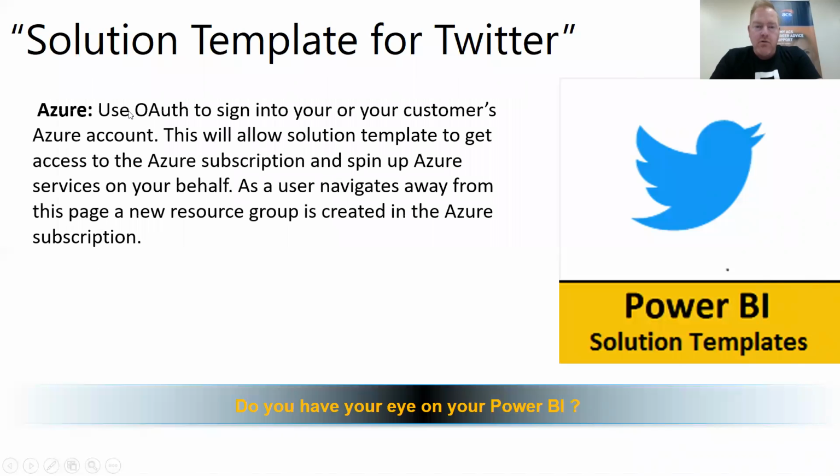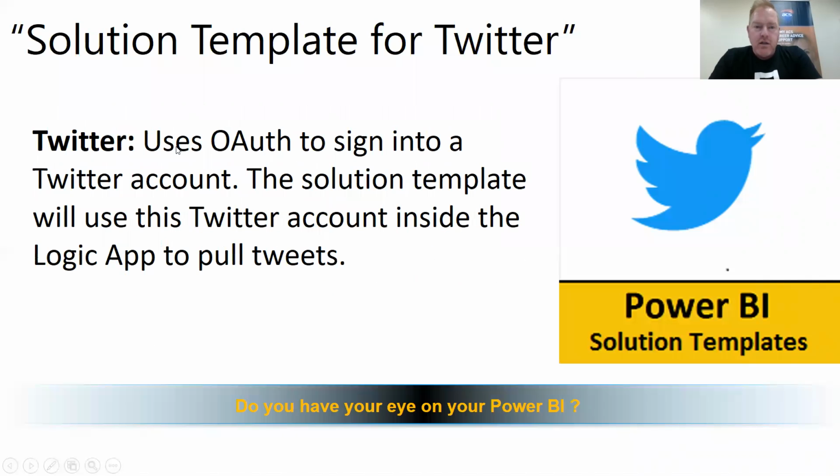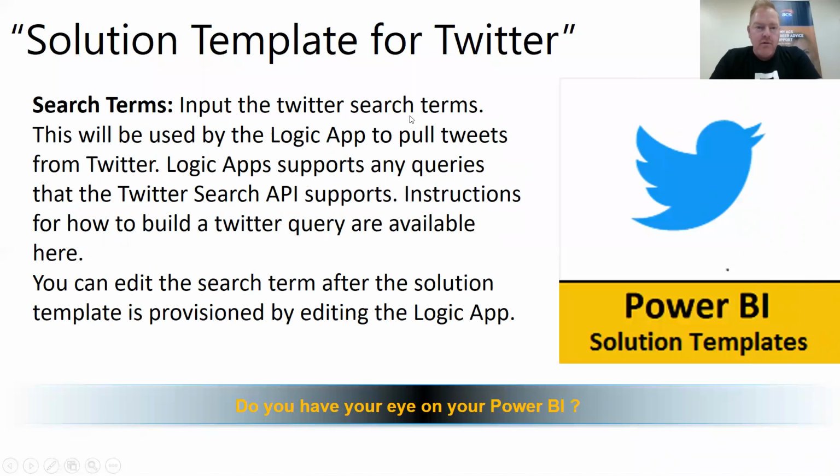It uses security called OAuth to sign into your Azure account, and it uses an Azure database. It also uses OAuth to sign into your Twitter account, so it needs a Twitter account to sign into. Search terms: you input your search terms, and these are the terms used by the Logic app to pull the tweets from Twitter.